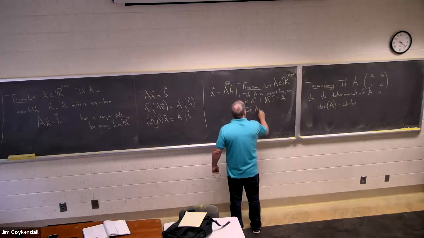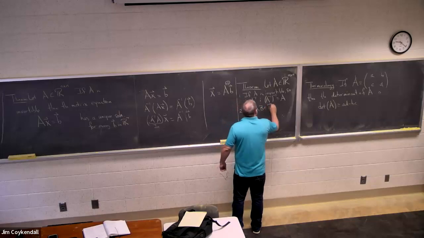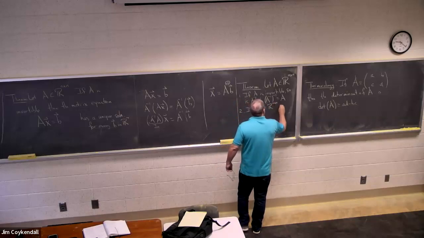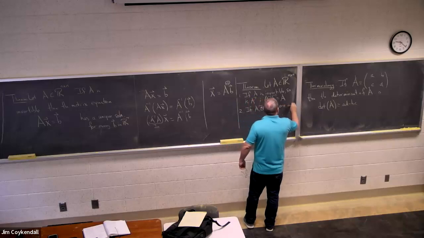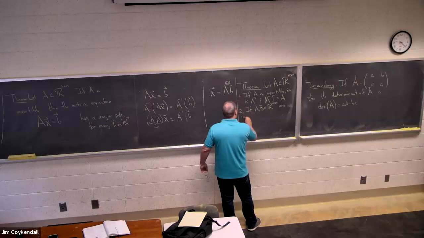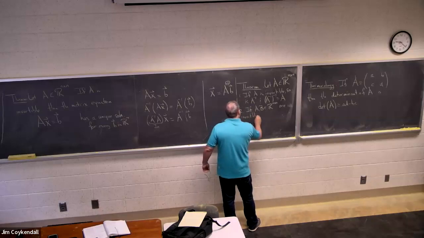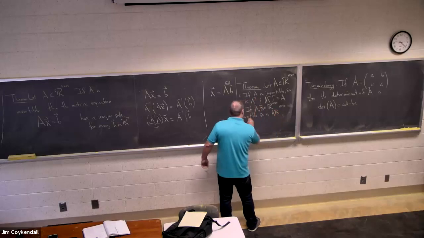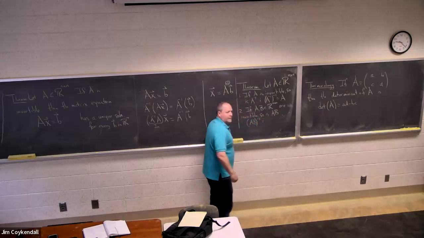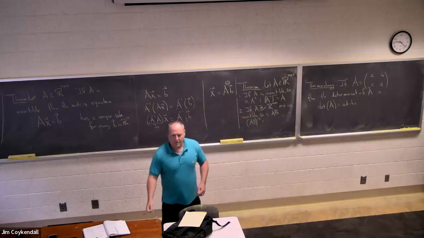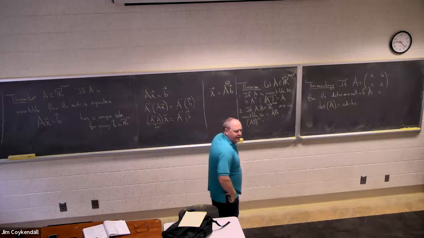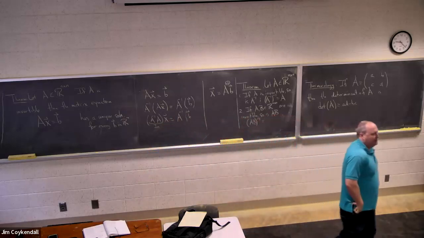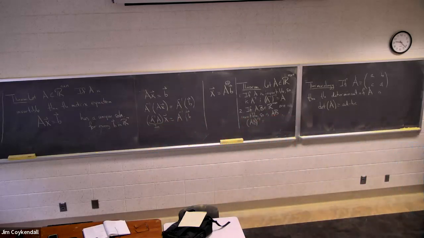If A, B, both the same size square, are invertible, so is AB. I'll give you a hint, think about what happens with the transpose.